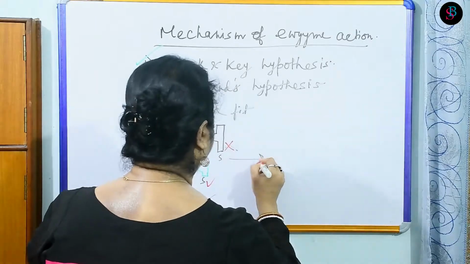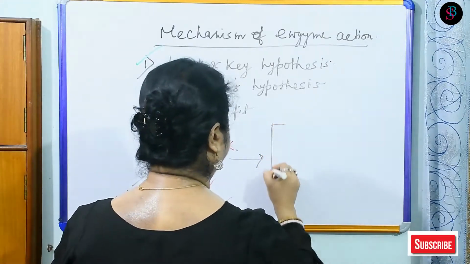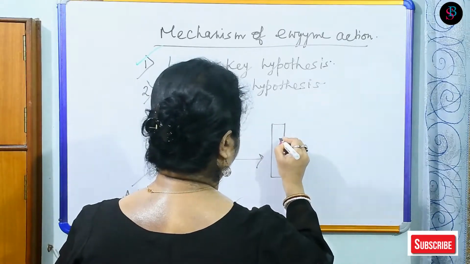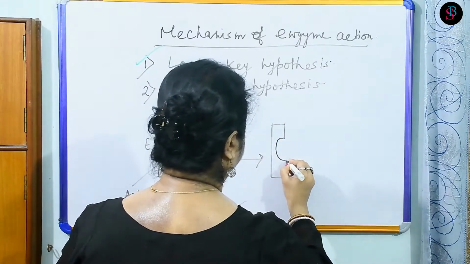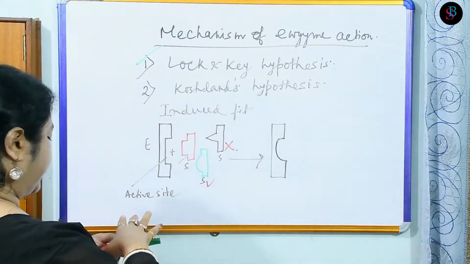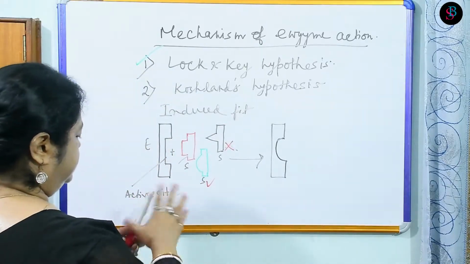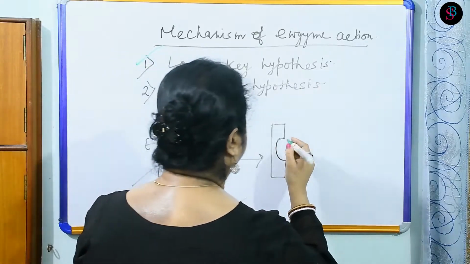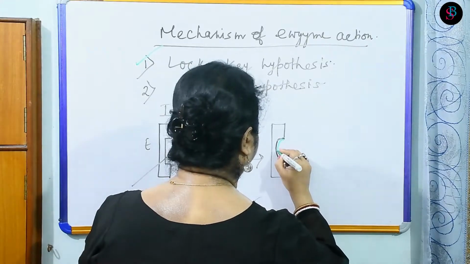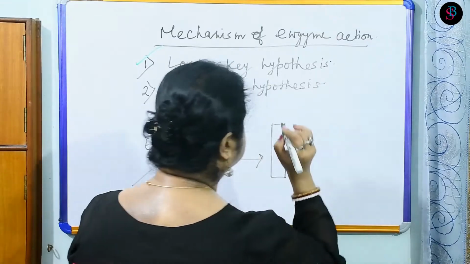Now the next is that enzyme will change itself in this way. So this is the modification of the active site of the enzyme and this is the induced fit, that the enzyme structure is altered as induction of the substrate.